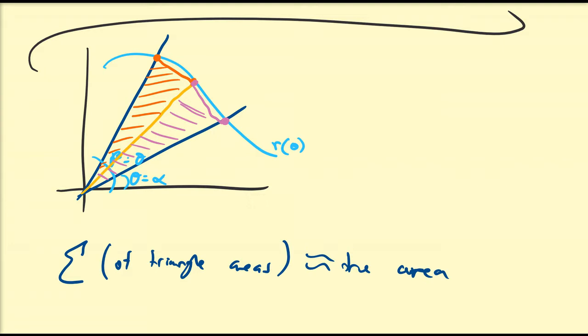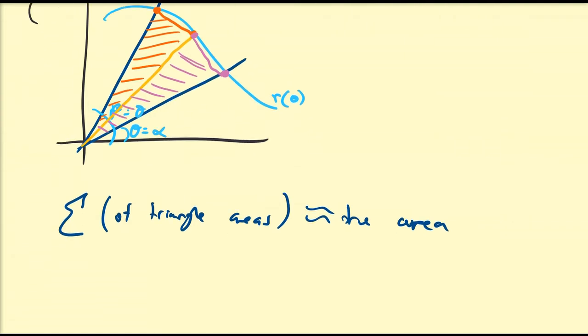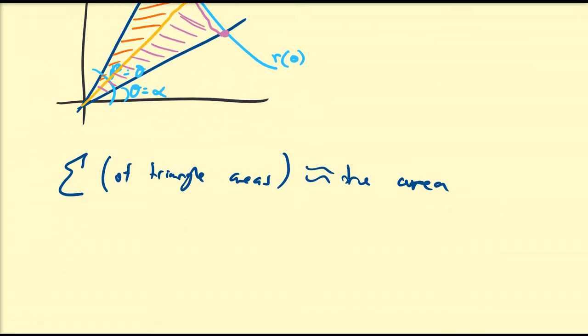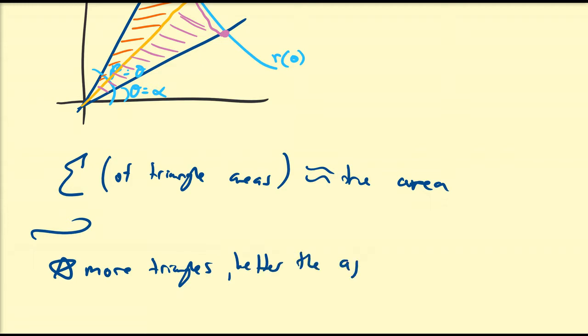This definitely seems familiar, sort of how we did areas under Cartesian defined curves. One characteristic you should be able to see from this picture is that the more triangles we have, the better the approximation. This is similar to how we did rectangles and trapezoids before.